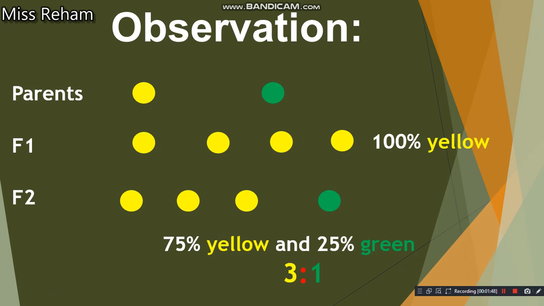Why? Because it disappears completely in the first generation. As you see in the first generation, there are no seeds with green color.